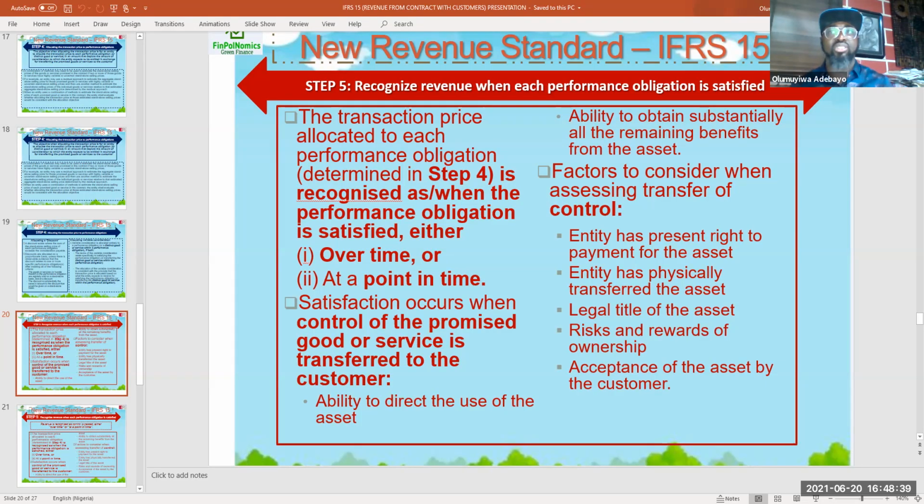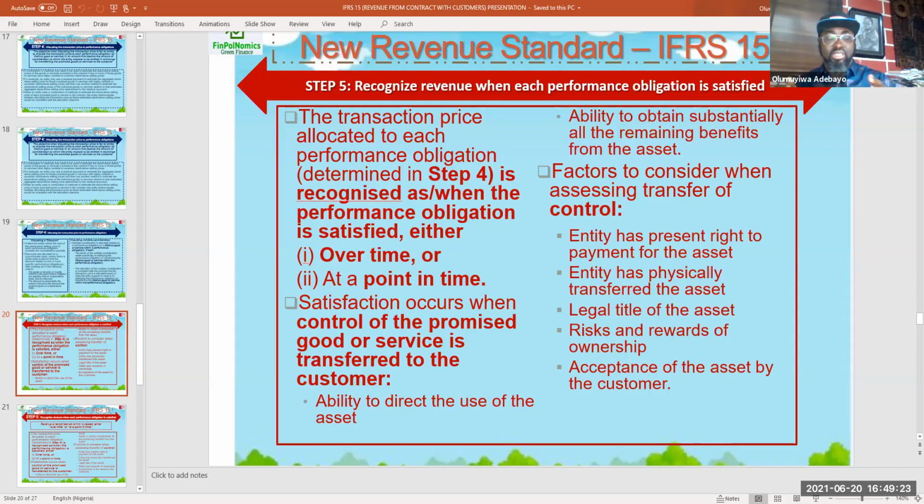The first one borders on the fact that if the entity, as a result of what it has done, has a present right to receiving payment with respect to that asset from the customer, that shows such evidence. Furthermore, where the entity physically has delivered the good, and the good is now in possession and control of the customer.